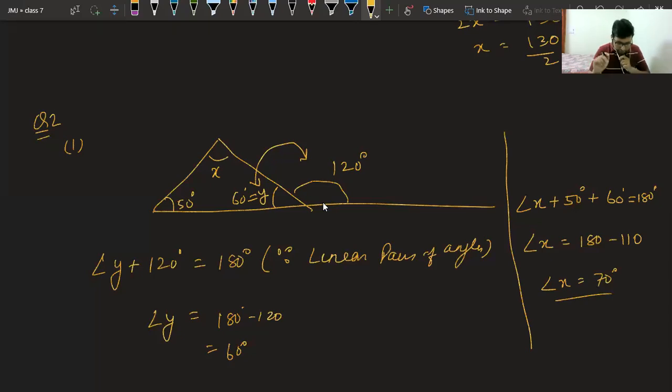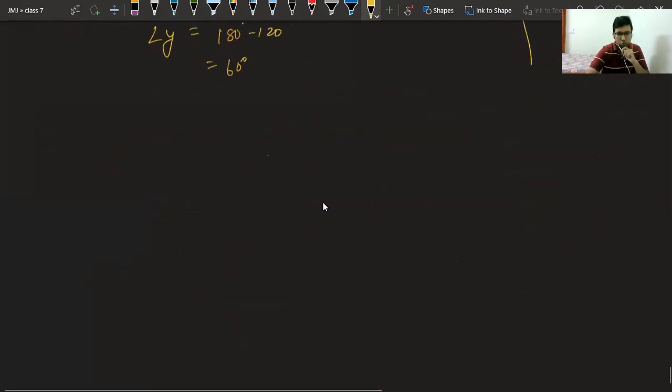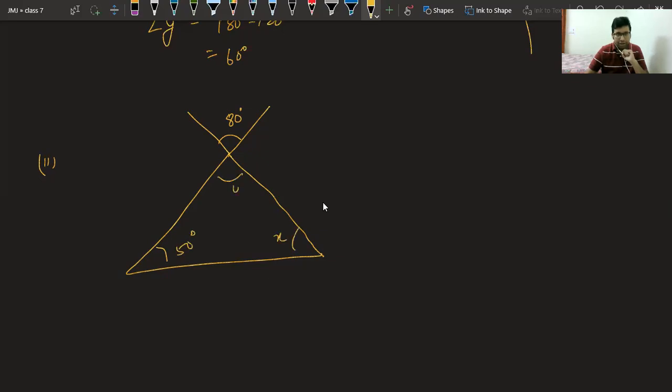Very good, Rachit. Now, let us take the second part. Last question for today. Can you tell me in the second part, what is the value of angle y?